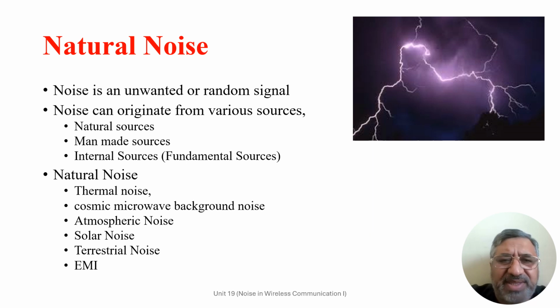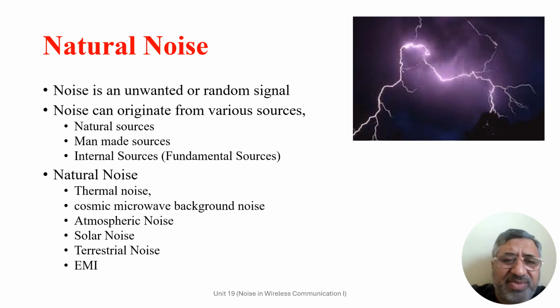But atmospheric noise is another natural source which introduces noise into the wireless communication system. For example, lightning discharge produces a background radio frequency noise, like atmospheric noise or atmospheric static. This noise can be particularly significant in the lower frequency band.